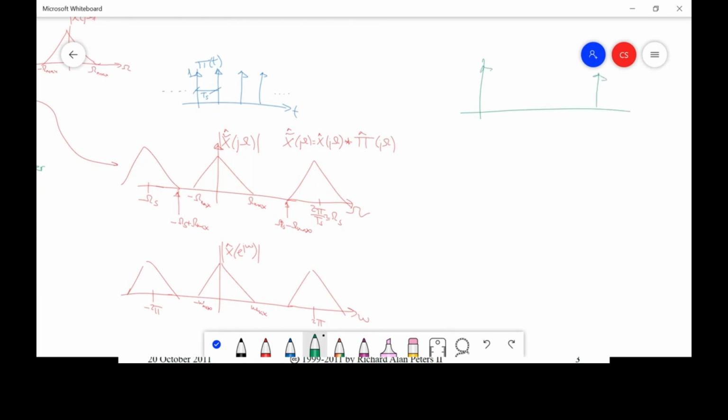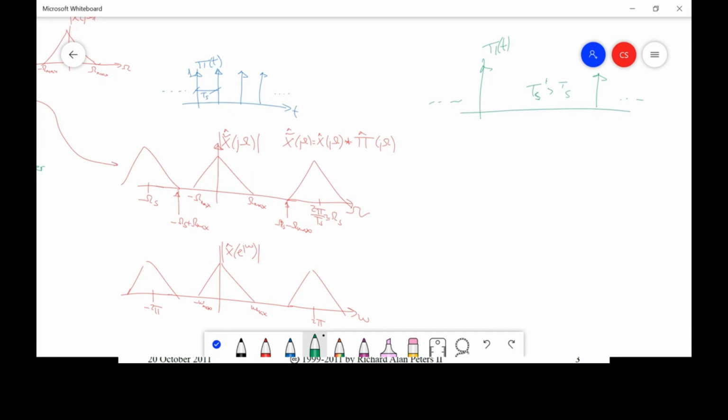So now Ts prime is much larger than Ts. We don't need it to be much larger. We only need it to be larger. I'm exaggerating it just to make it more visible.